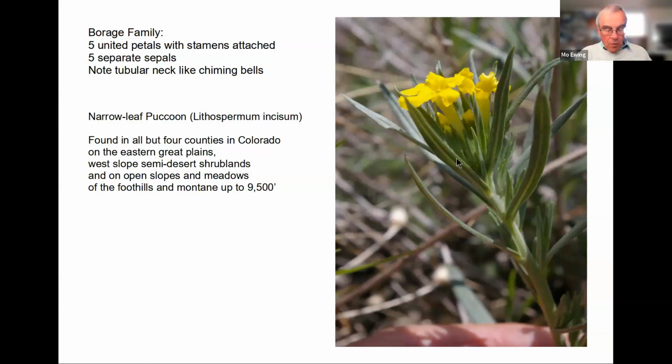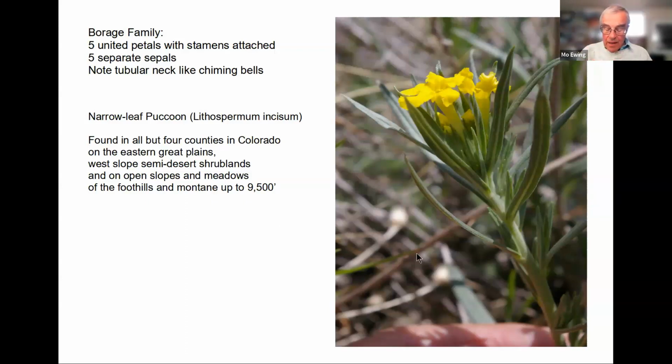This is found in all but 4 counties in Colorado, on the eastern Great Plains, western semi-desert shrublands, and open slopes and meadows of the foothills and montane up to 9,500 feet. Puccoon is a Native American word. It's their common name for plants where the roots were used for dyes.